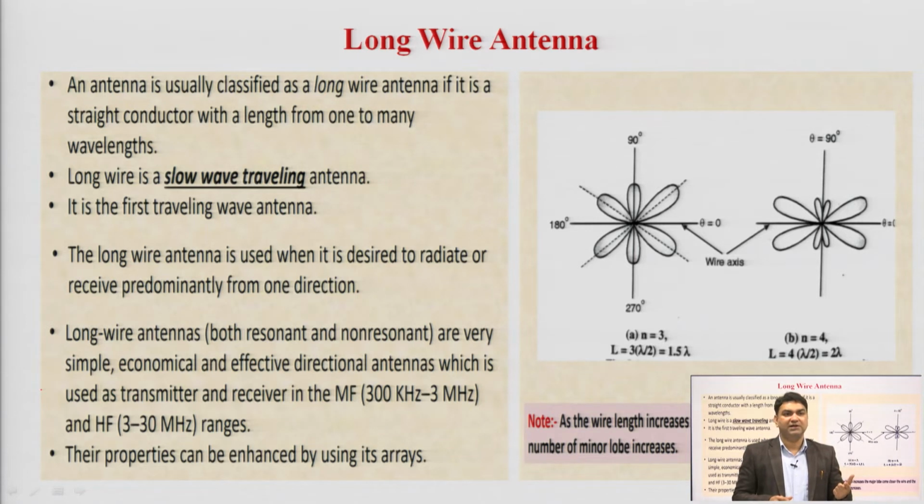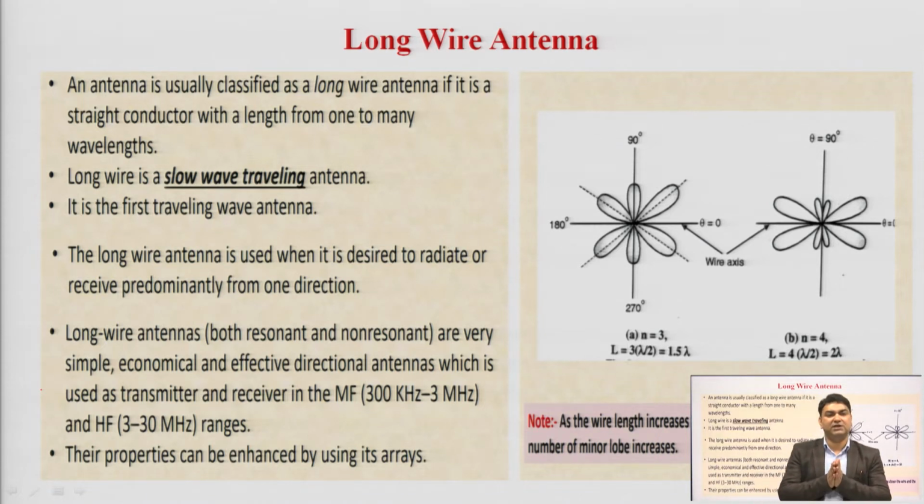So, long wire antennas are both resonant and non-resonant type. Actually, the length of the long wire will decide the property of that long wire antenna in terms of resonance or non-resonance.